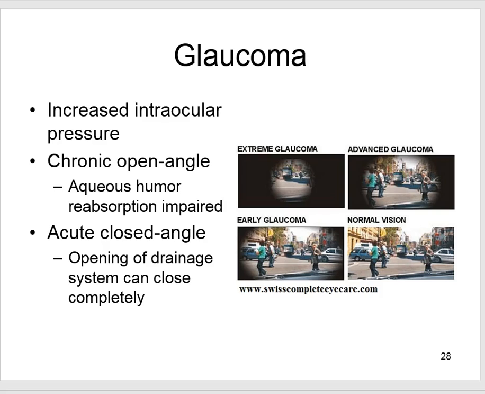In chronic open angle, the reabsorption of aqueous humor is impaired, and in acute closed angle, the opening of the drainage system can close completely. So we go from normal vision to early glaucoma, advanced, and extreme glaucoma. So you lose peripheral vision.